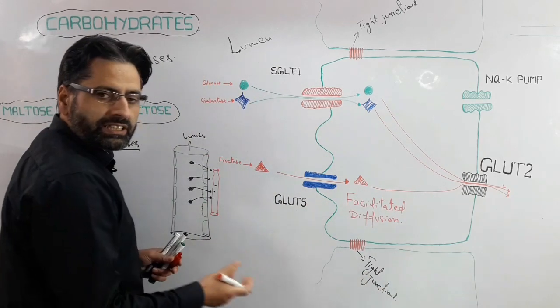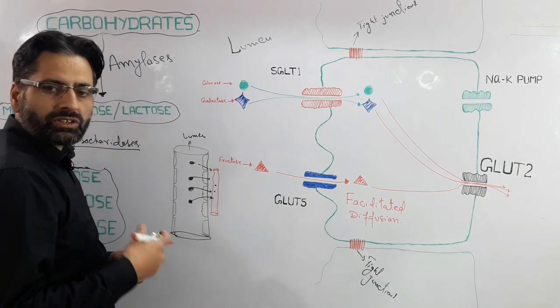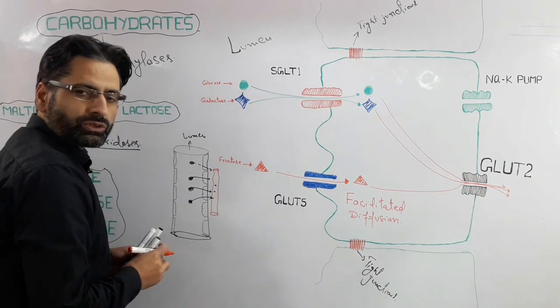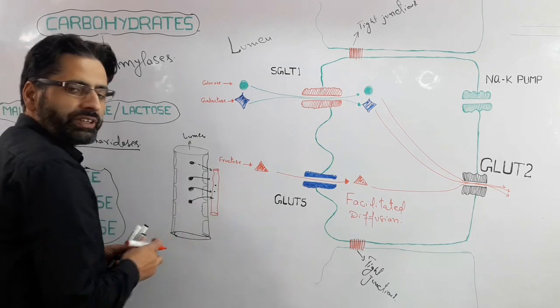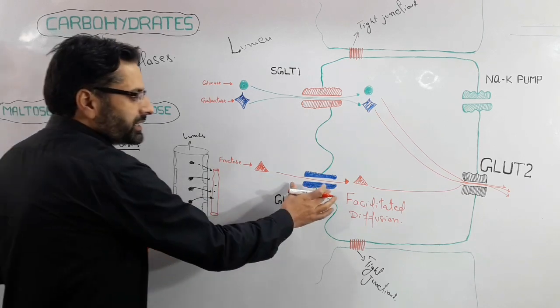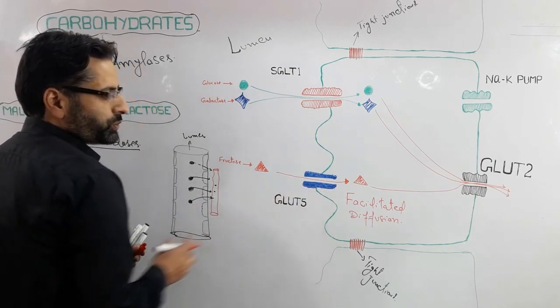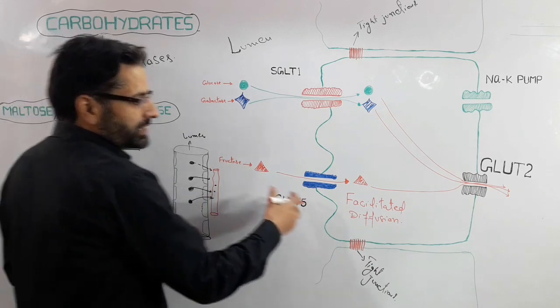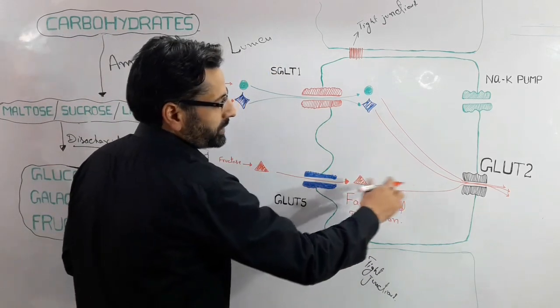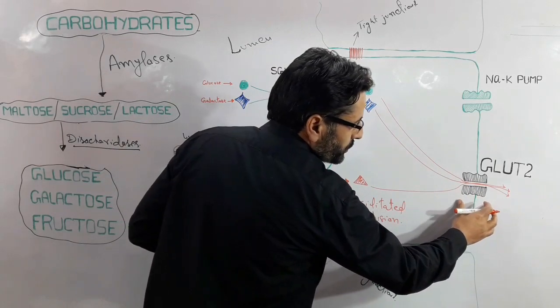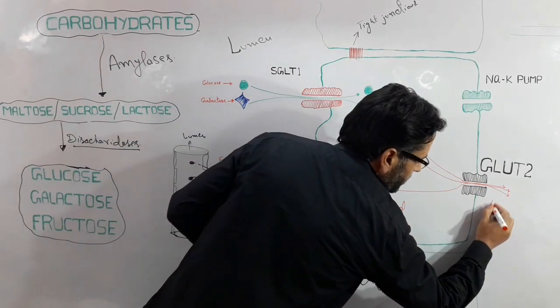This is facilitated diffusion. It does not require any energy. So it depends upon the concentration difference and it is facilitated by this transporter, glucose transporter 5. And the transfer of all these monomers through this glucose transporter 2 is also facilitated diffusion.